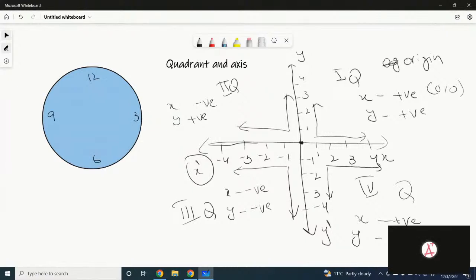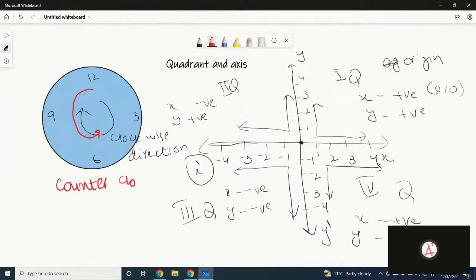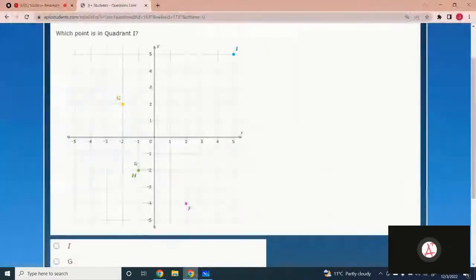Whenever the clock moves, it starts from here and moves like this, so it would be the clockwise rotation. Got it? When you move in the opposite direction, you start from the 12 and move the other way. The red line is the counterclockwise direction. Counterclockwise means movement that is opposite to the clockwise direction.